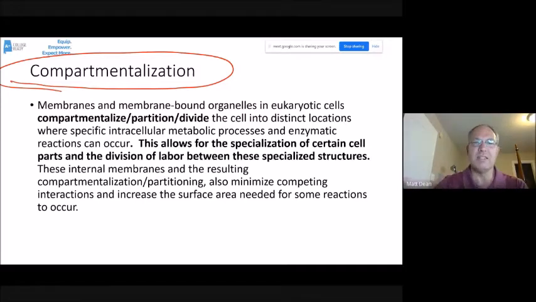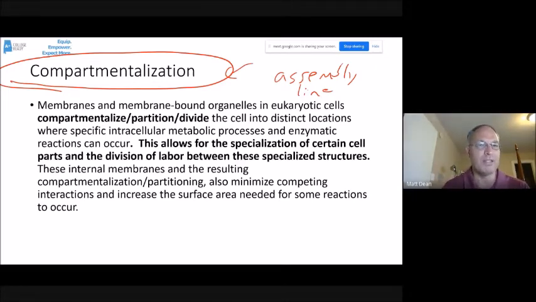Think of compartmentalization in a cell sort of like the work that happens on an assembly line, where every person on the assembly line has a very specific job that they become good at, fast at doing. Probably nobody on that assembly line can build a whole car by themselves, but by doing each task separately, the process becomes very efficient and the cars are made quickly and made well.